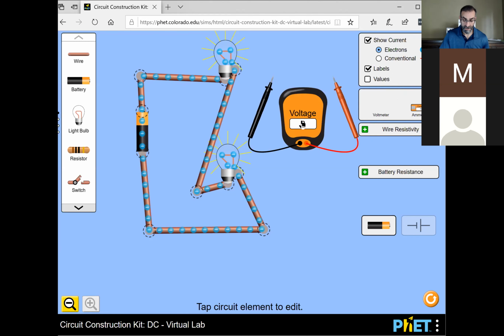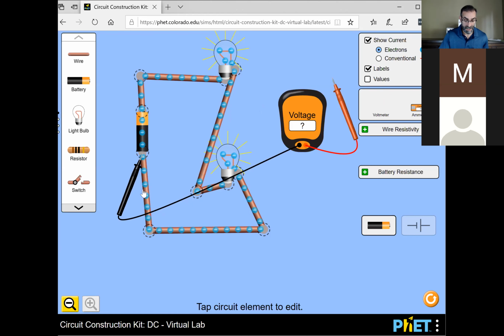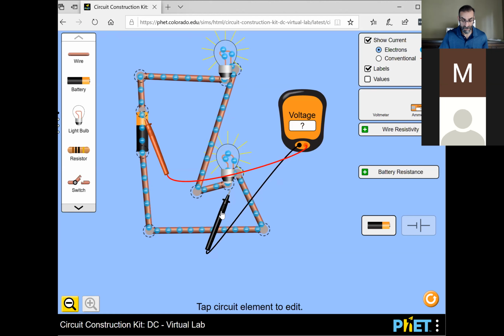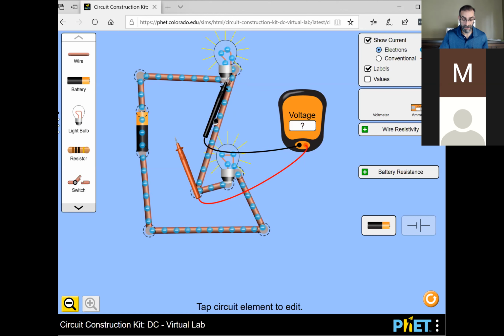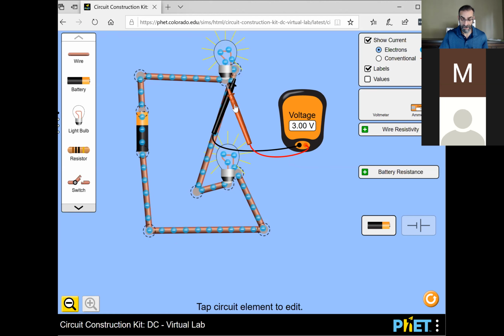And when we measured the potential across this guy, we got 6 volts. When we measured the potential over here, we got 3 volts. When we measured the potential over here, we got 3 volts, right? And when we measured the potential across the whole thing, we got 6 volts, the same as the battery.